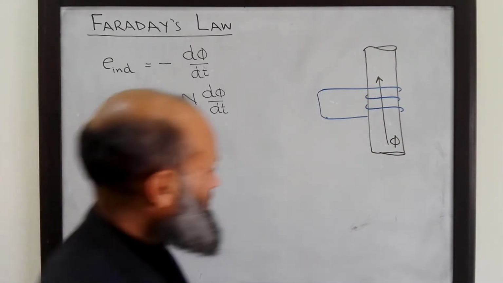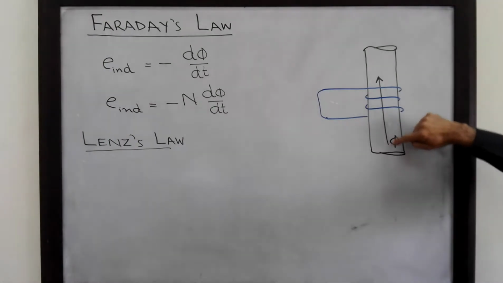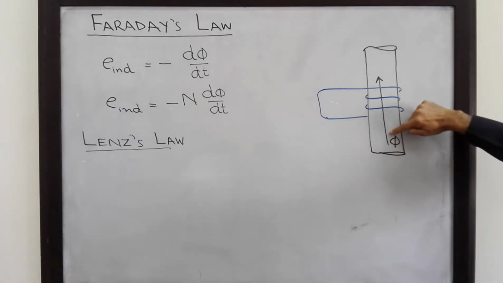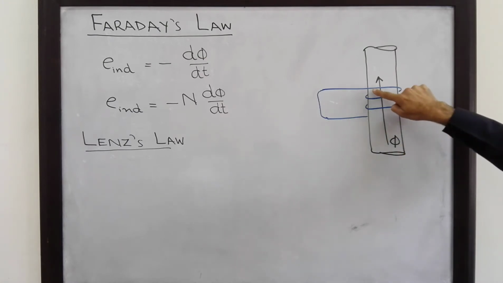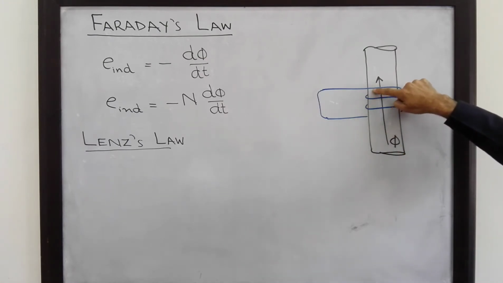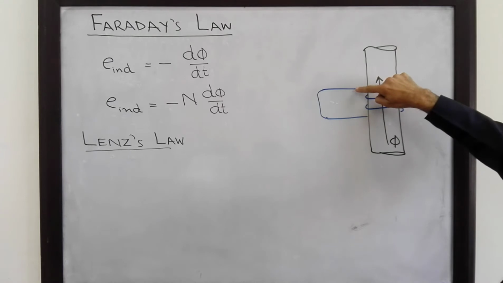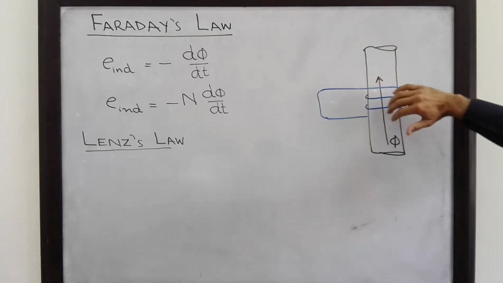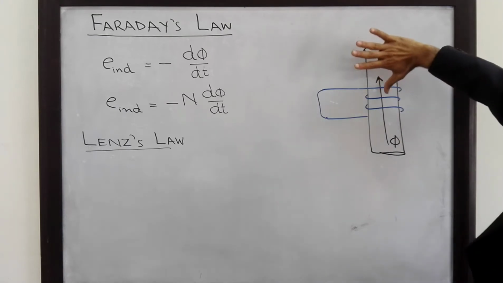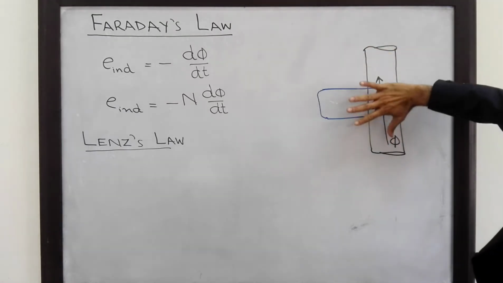That is, in this case the direction of this flux phi is upwards, and if current flows in this coil, then flux will be produced by this coil, and the direction of the produced flux will be downwards.